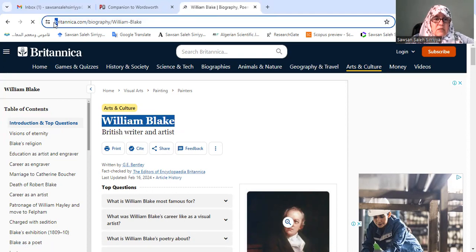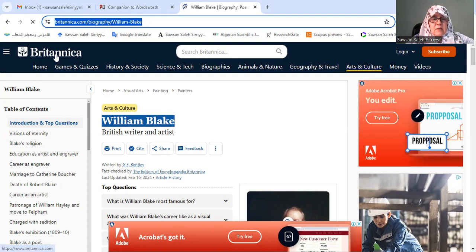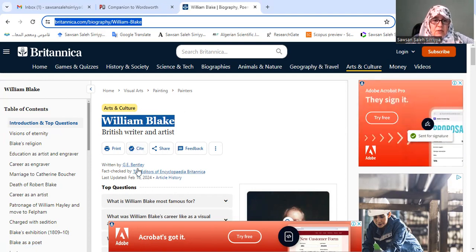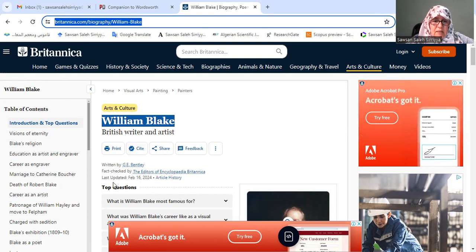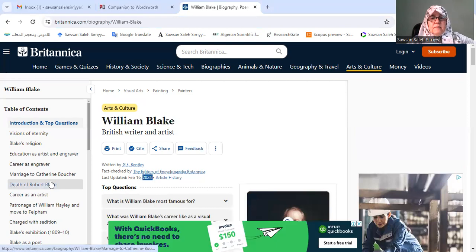You also need this. Don't forget, never write this site with your own hands. Copy it and paste it. But here again, I remind you, you have the title of the website, you have the title of the article, here you have the author, and notice here, let us say this is the date.